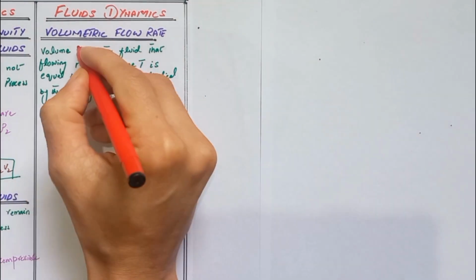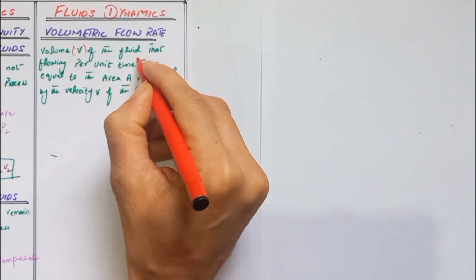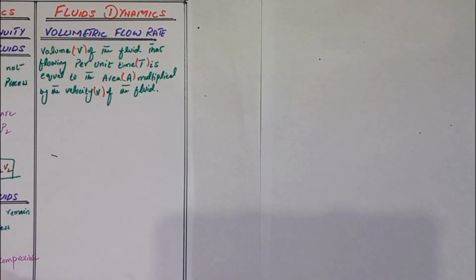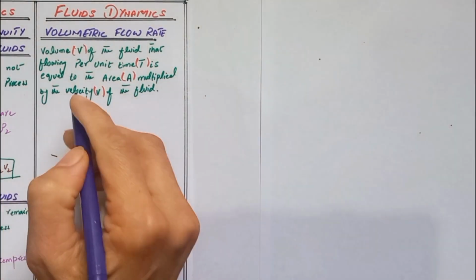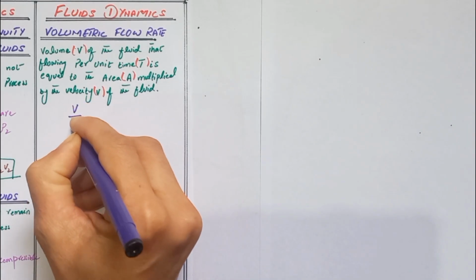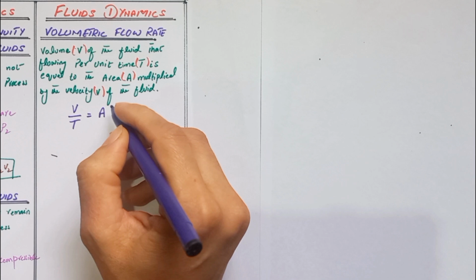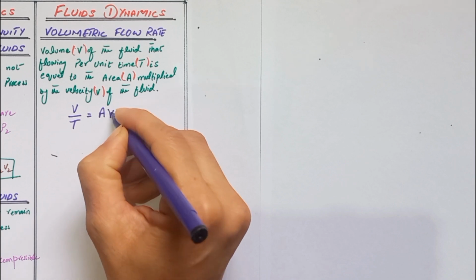So here we can write that the volume of the fluid per unit time is equal to area A multiplied by the velocity v of the fluid.